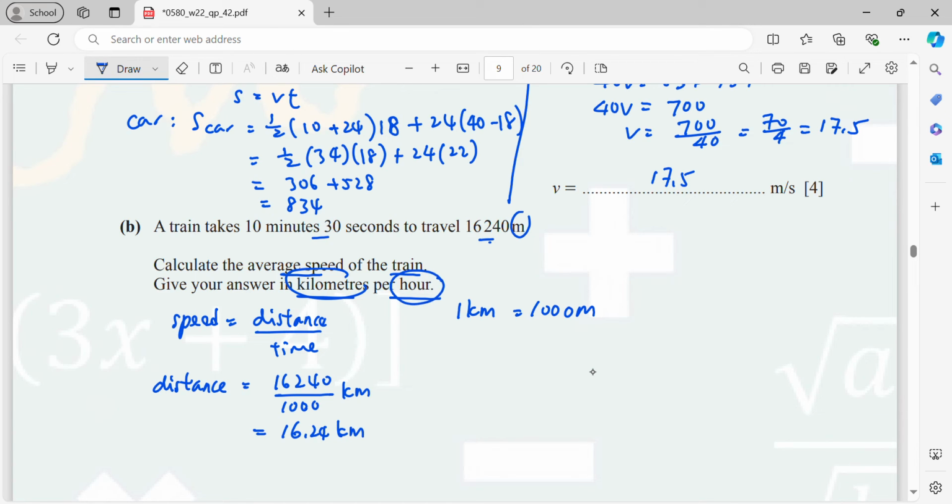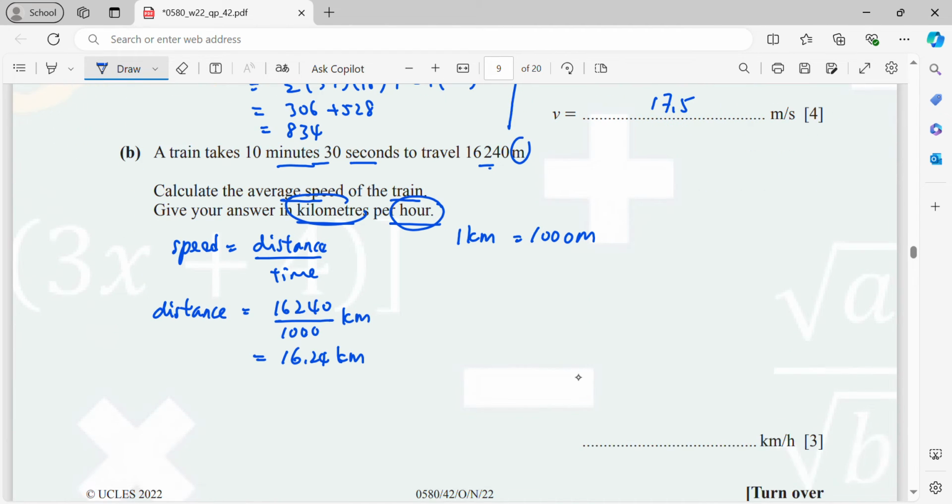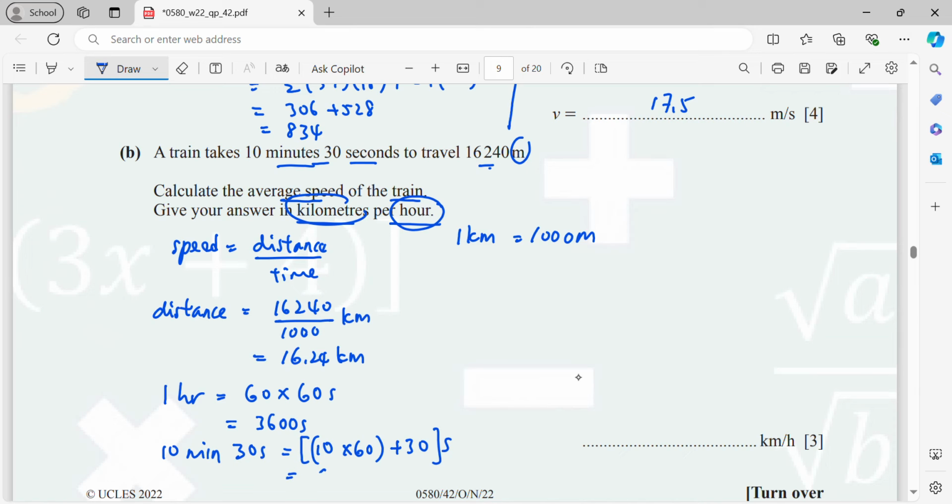And now I need to consider the hour, 10 minutes and 30 seconds. So 1 hour equals 60 minutes, 1 minute equals 60 seconds. Therefore, it is 3,600 seconds. So 10 minutes 30 seconds becomes 10 times 60 seconds plus 30 seconds, which is 630 seconds.